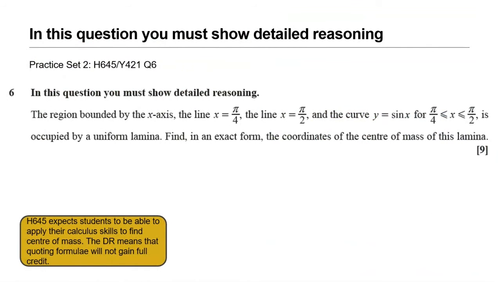So here's the question with that statement in bold. In this question, you must show detailed reasoning. And you'll see that phrase coming up, that instruction coming up in several places, in several papers across the maths and further maths specification.